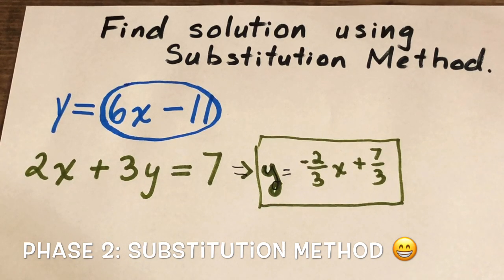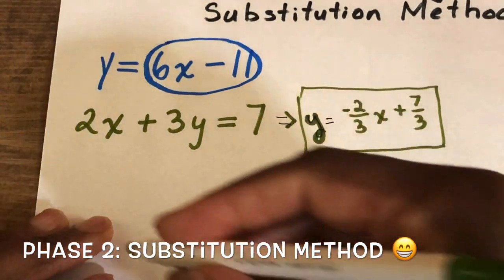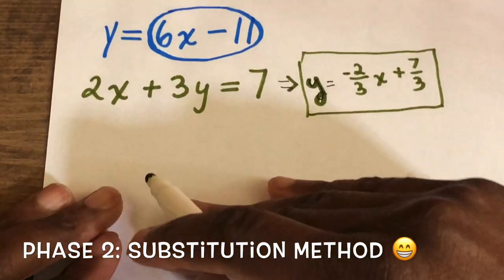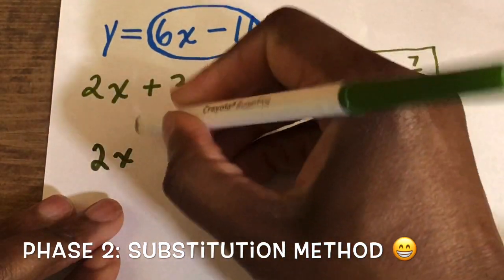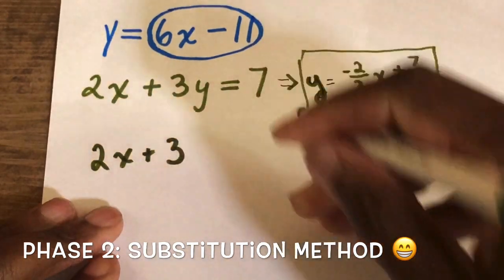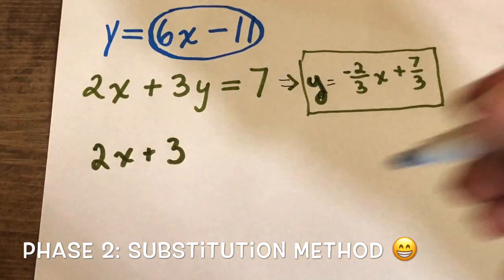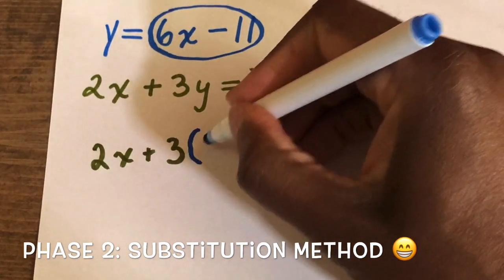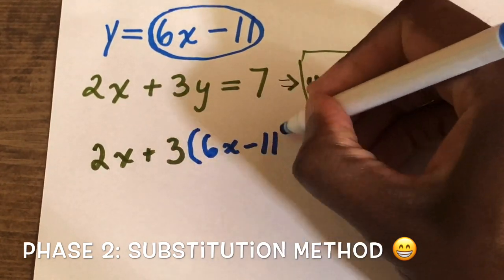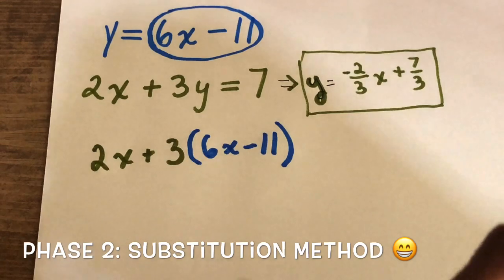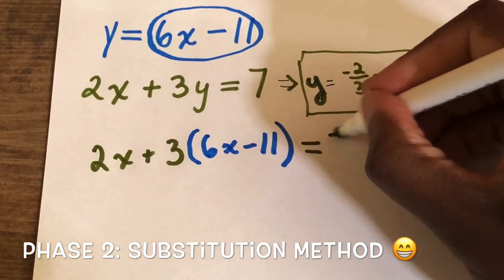So let me take a moment to write that. It would be 2 times x plus 3, and we are now substituting the y, and I'm going to put it in parentheses, that's (6x minus 11), and that is now going to be equal to 7.